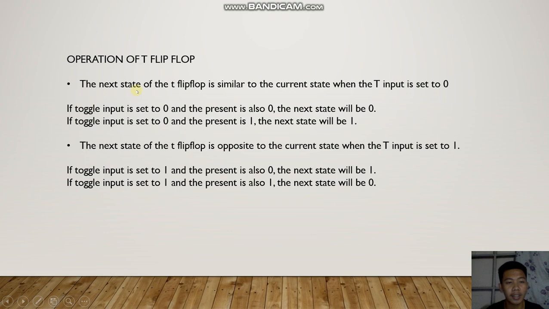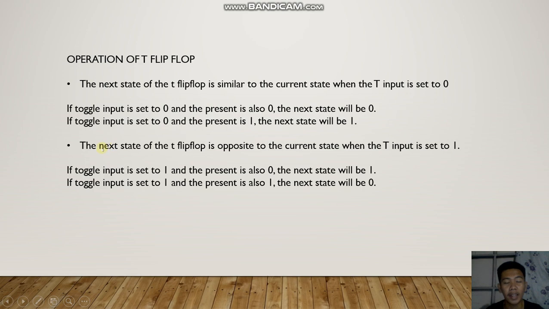Next, the operation of the T flip-flop. The next state of the T flip-flop is similar to the current state when the T input is set to 0. So if the toggle input is set to 0 and the present state is 0, the next state will be 0. If the toggle input is 0 and the present state is 1, the next state will be 1.